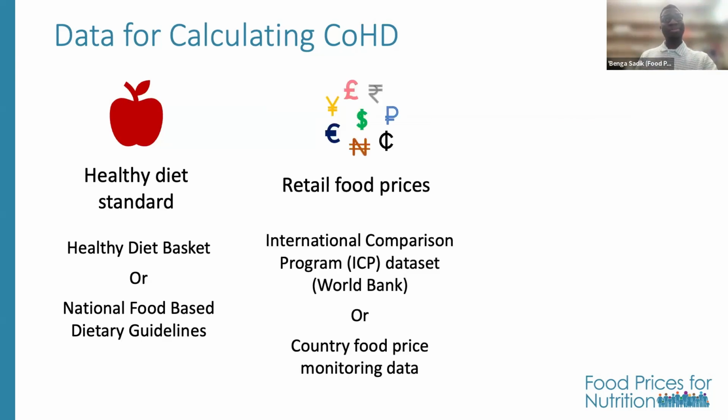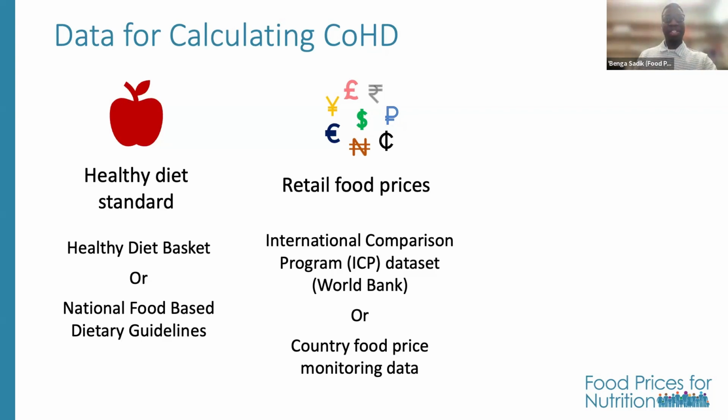The second category of data we need are the food prices. So there are 2 main categories of sources for those food prices. We could get them from the international comparison data from the World Bank, which Hannah also talked about, or we use country level food prices.